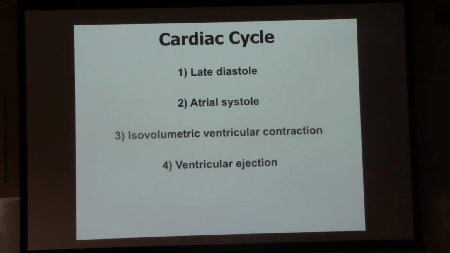And the last phase, it's another isovolumetric phase. This one's isovolumetric ventricular relaxation. So the ventricles are relaxing. The reason why the first is diastole, but then number 5 refers back to relaxation, just to keep it confusing. Okay.